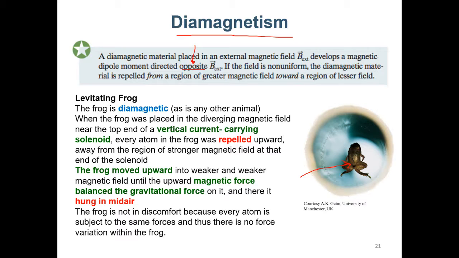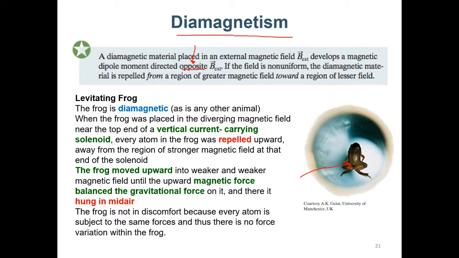And as you know, you can generate a B field by this, so this will be the B field generated by the solenoid, and this frog is diamagnetic, so it will generate a B field opposite to the external B field, which means that these two B fields will cancel each other.